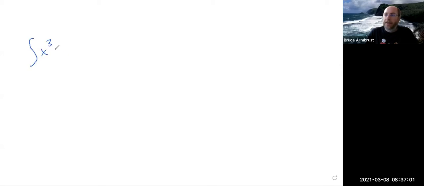So let's just take a look at this guy. We've got x cubed times the square root of 81 minus x squared. All right, so we've got a difference of squares. So that suggests that we're not going to use tangent. We would use tangent if it was a sum of squares. So this is either going to be a sine or a secant.